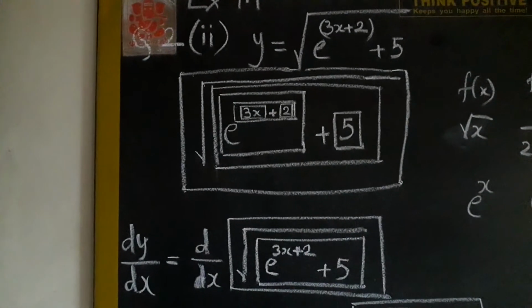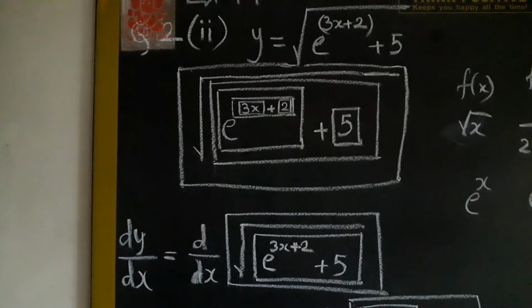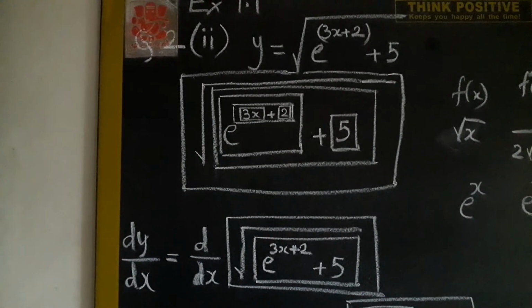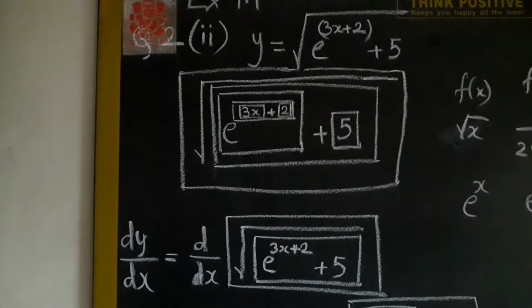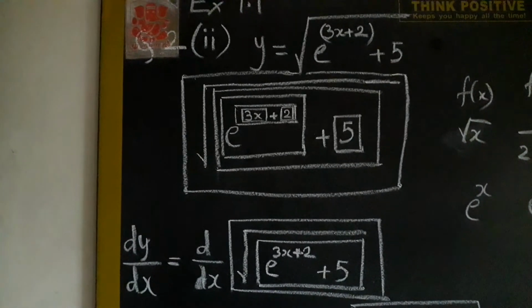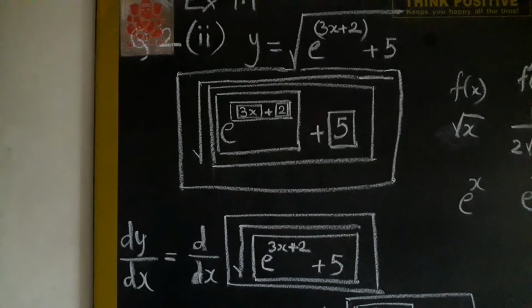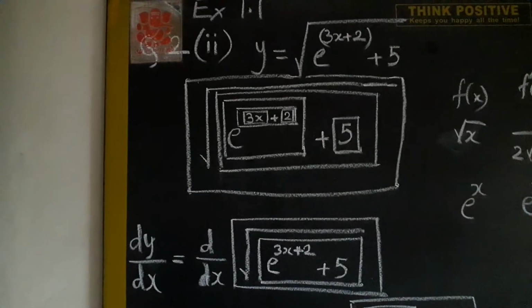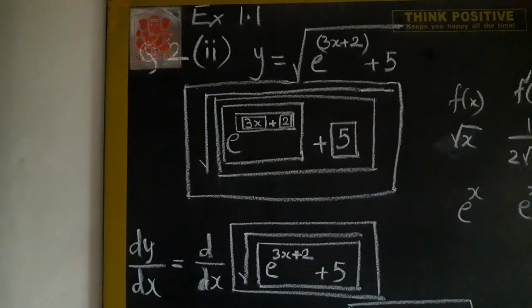Then the two boxes, 3x and 2, we add to get one more box, which is the bracket here. Then e raised to the whole bracket 3x plus 2.